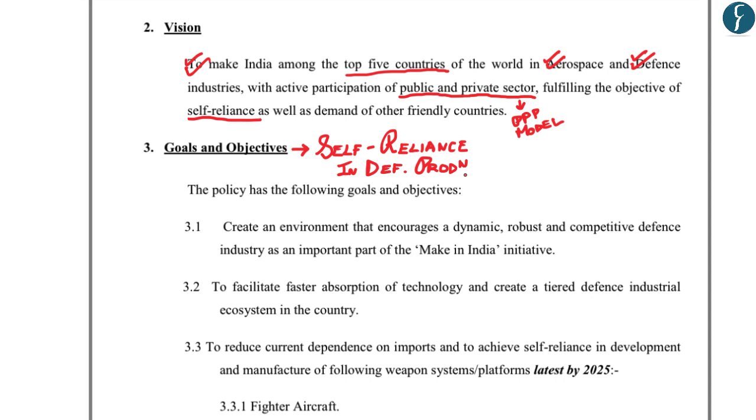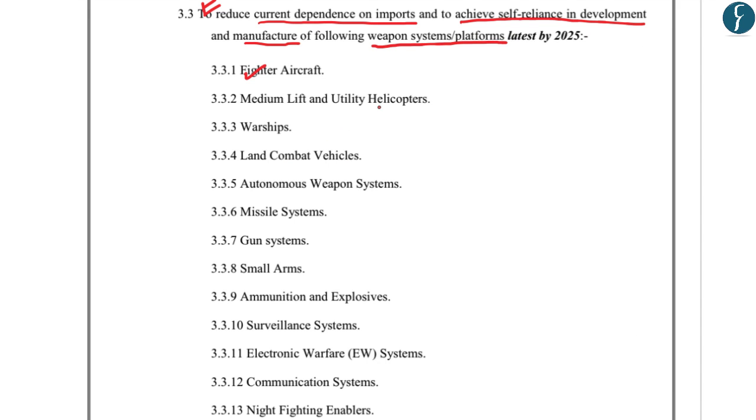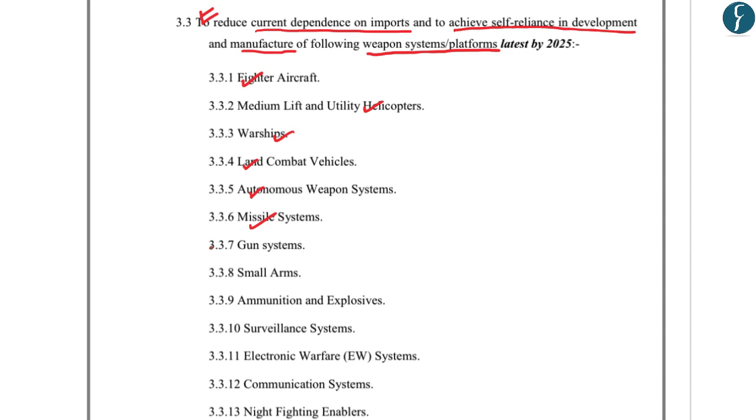This is because India is the largest importer of defense equipment, and therefore it becomes a major objective of the defense production policy to reduce the current dependence on imports and achieve self-reliance in development and manufacturing of several weapon systems and platforms such as fighter aircrafts, helicopters, warships, land combat vehicles, autonomous weapon systems, missile systems, among other weapon systems and platforms. And the year given by the Government of India for achievement of this is 2025.